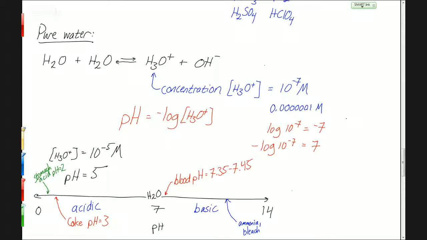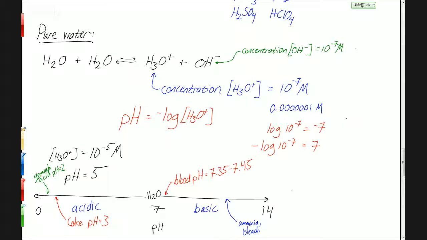One thing I didn't want to confuse you about: the concentration of hydroxide, which remember, the little brackets around it mean concentration, is also 10 to the minus 7th molar in pure water.